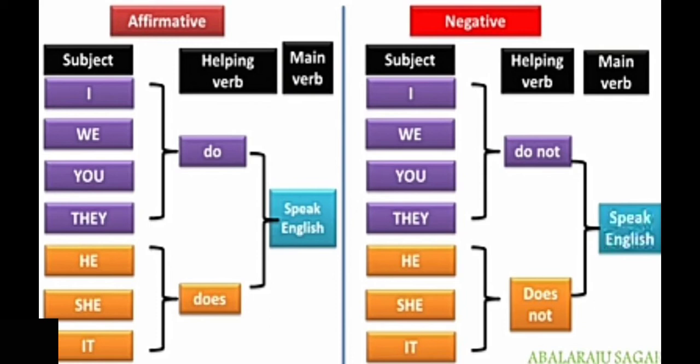For example, in "I speak English," I is the subject and do is the auxiliary verb, but I don't write or read it while expressing, though it is present in the simple present tense. The helping verb is do, but it is not pronounced, right? I speak English, we speak English, you speak English, they speak English.